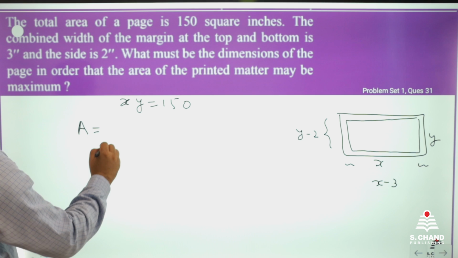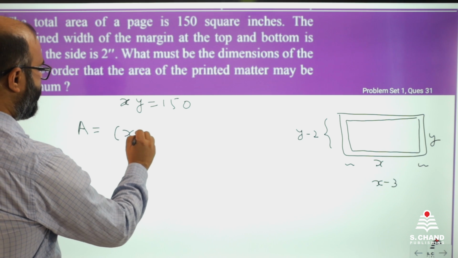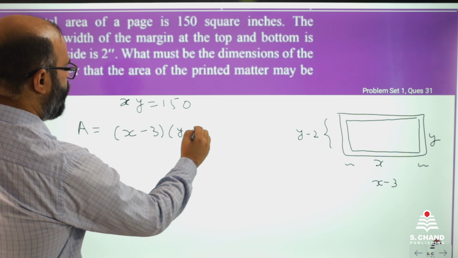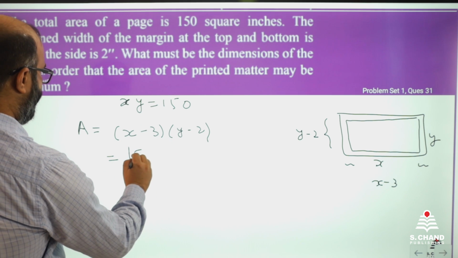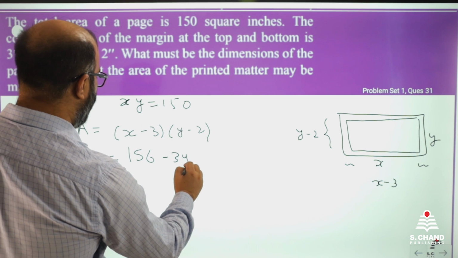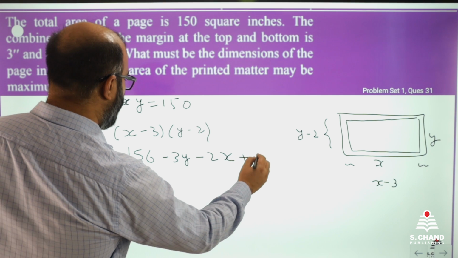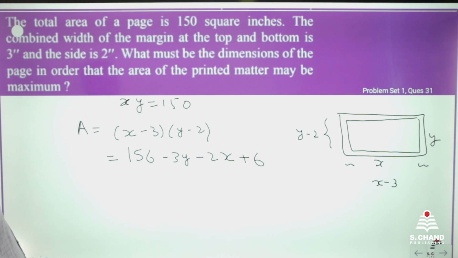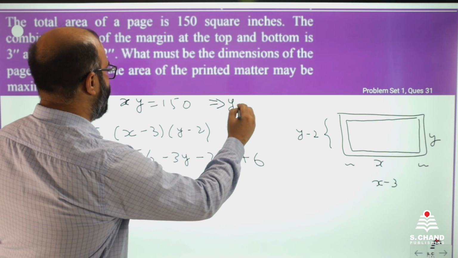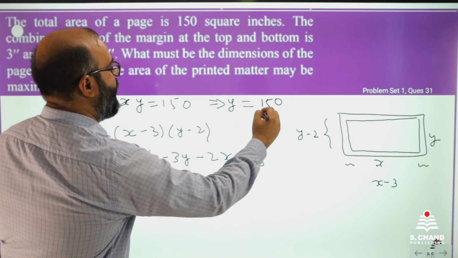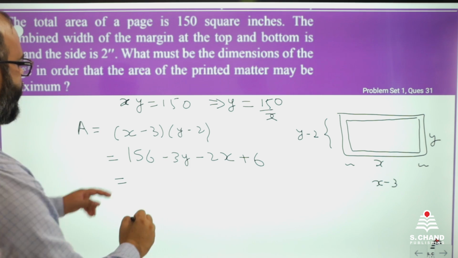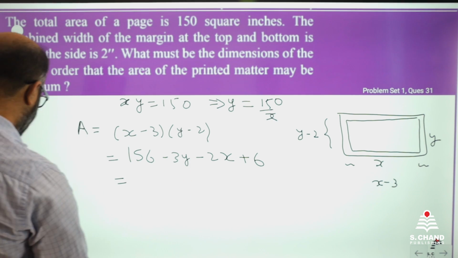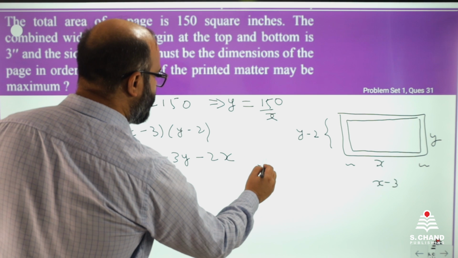Dimension of the page in order that the area of the printed matter may be maximum. So area of the printed matter is x minus 3 into y minus 2. So when you simplify it, xy is actually 150, so it will become 156 minus 3y minus 2x. Now here, as we know the relation between x and y, y is equal to 150 by x. This 156 already included the plus 6, so we don't have to write plus 6 separately.